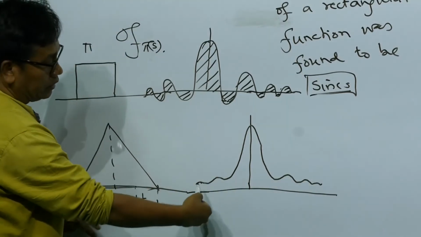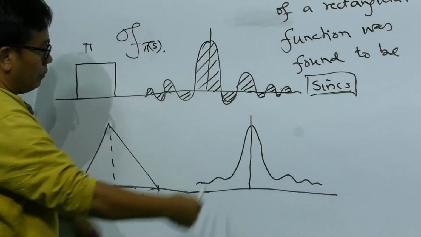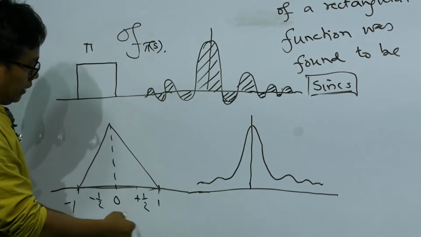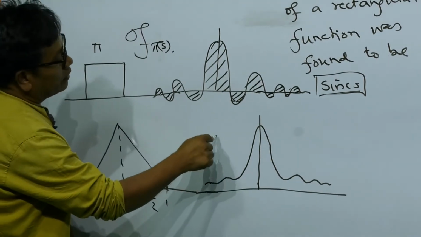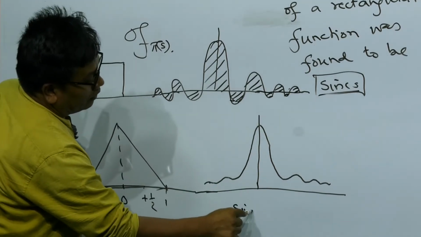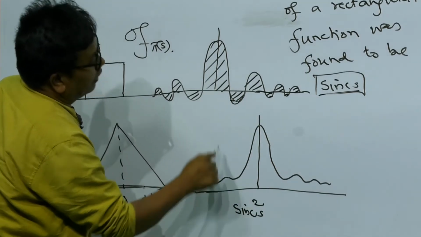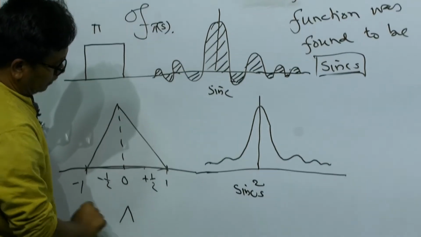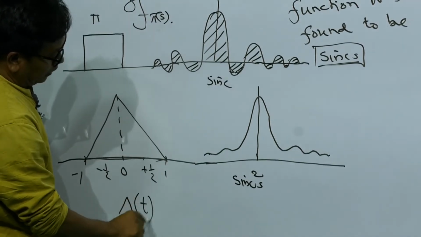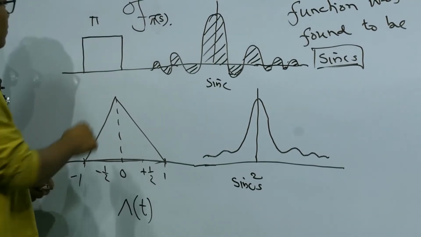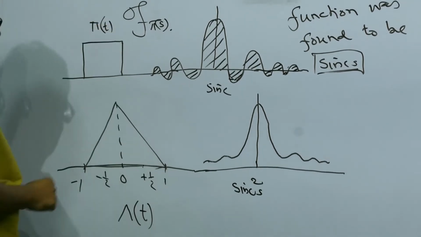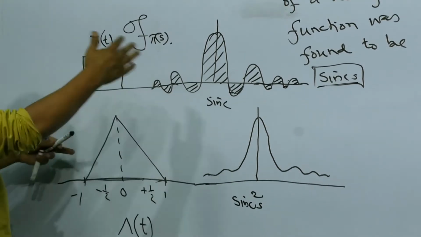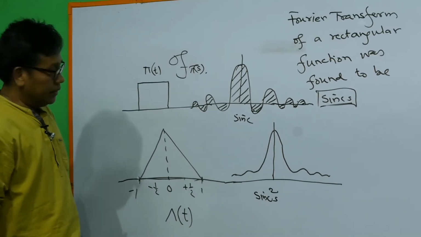And you see there is no such negative portion in the case of the triangle function. This is your sinc square. This is your sinc, and this is your triangle function, lambda of t or lambda of S, whatever. This is pi of t. So this we have discussed in the last classes.